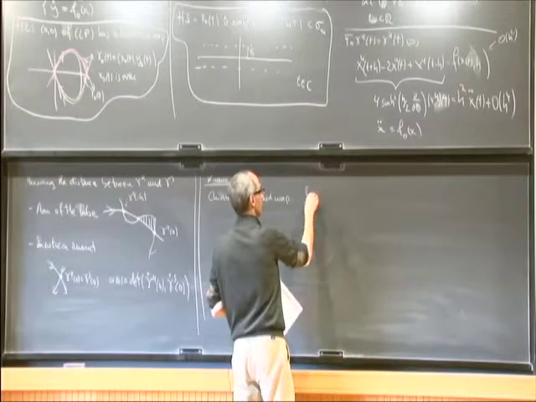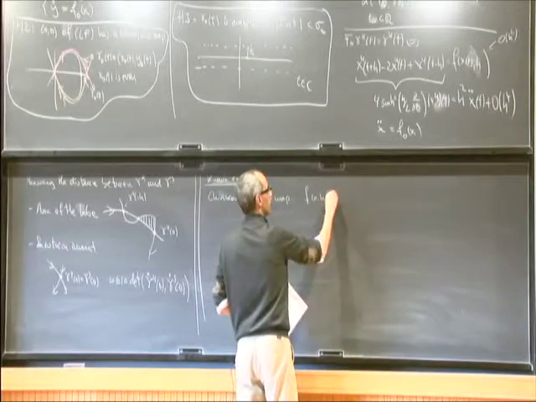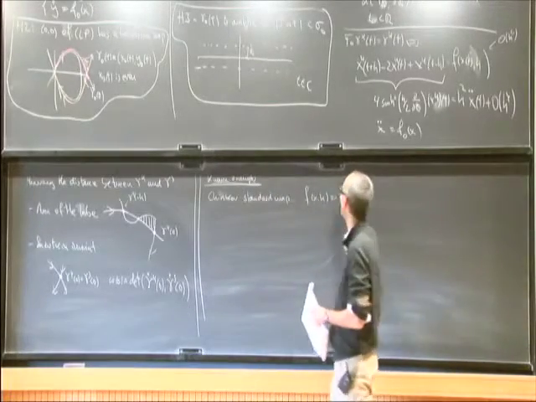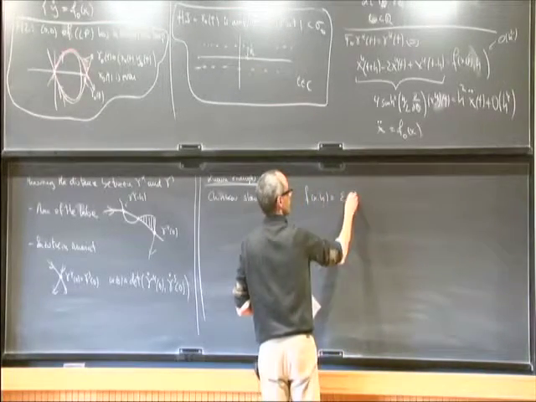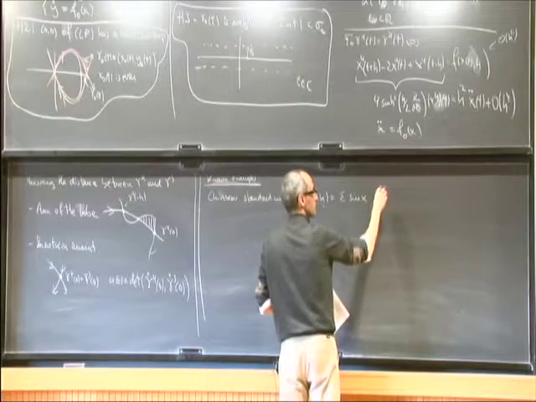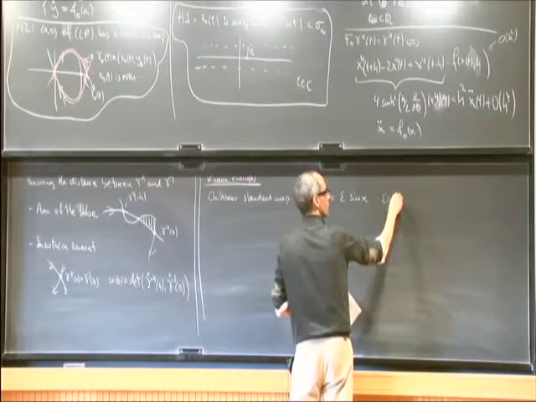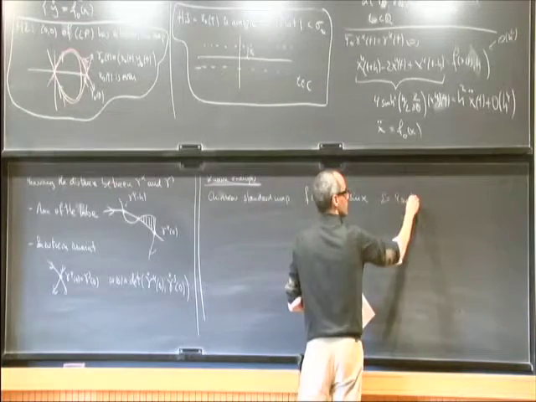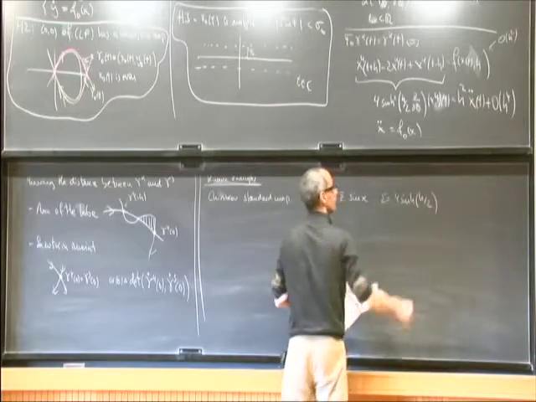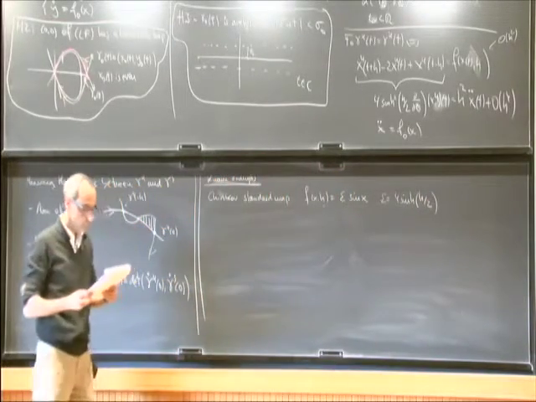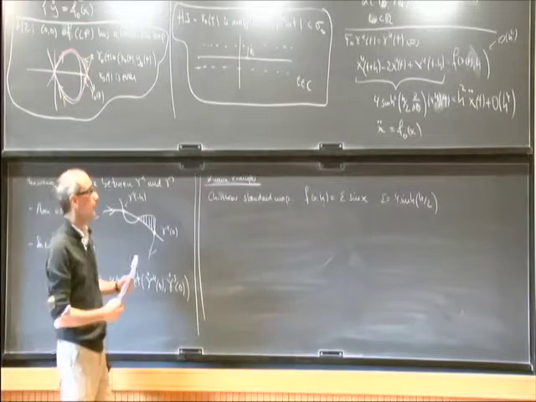And it's given when I take f of x to be epsilon sine x, where epsilon is this one.